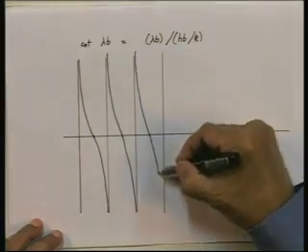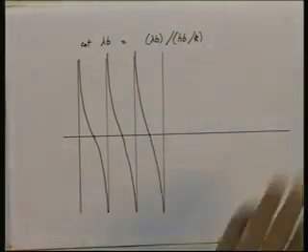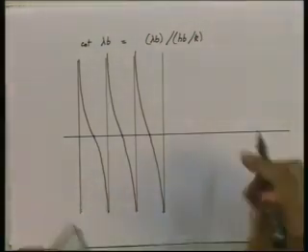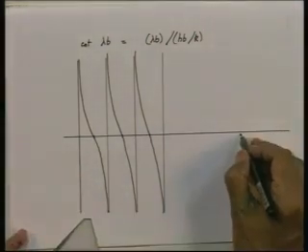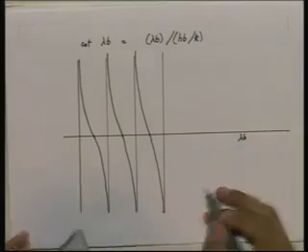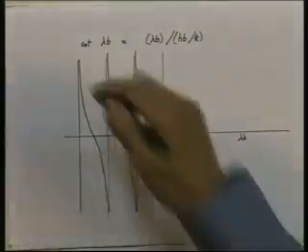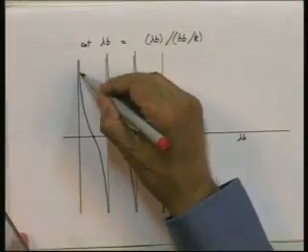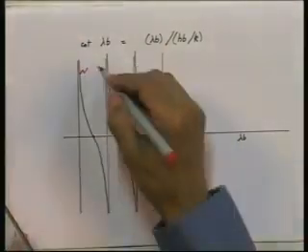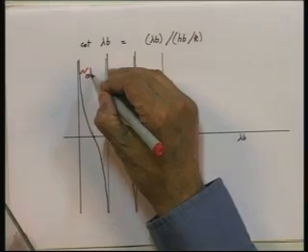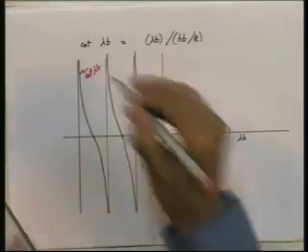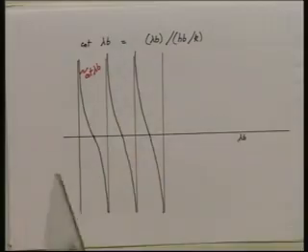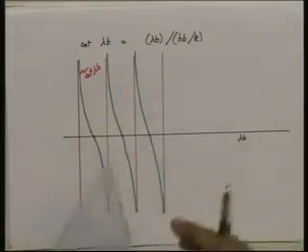This is the cotangent term, and the right hand side is lambda b. So, on the x axis I have lambda b, and on the y axis I am plotting the function. This is the cotangent lambda b which I have plotted, and lambda b divided by h b by k.